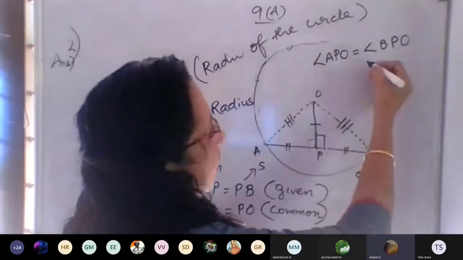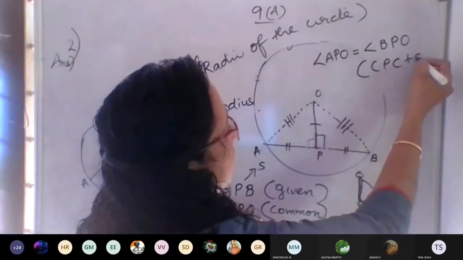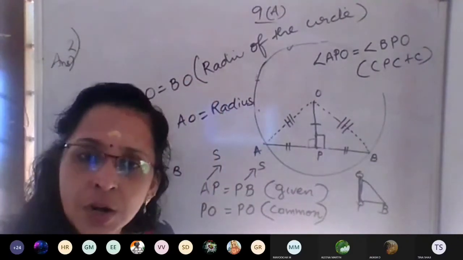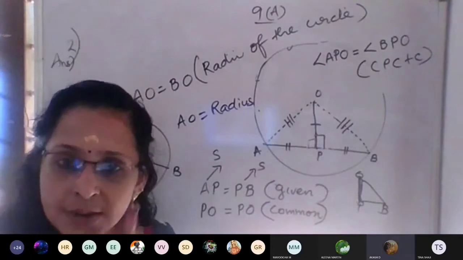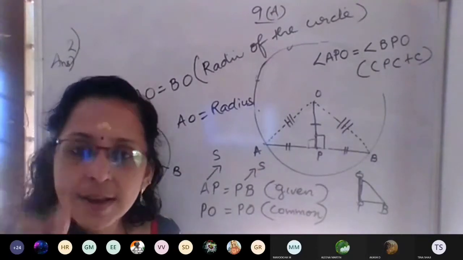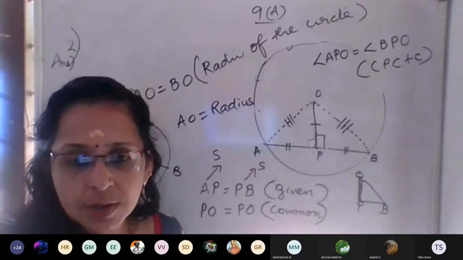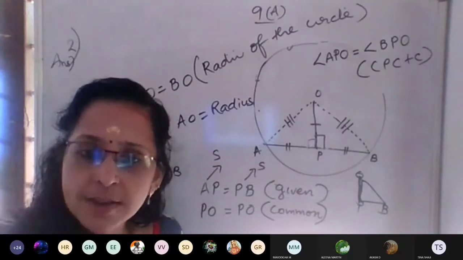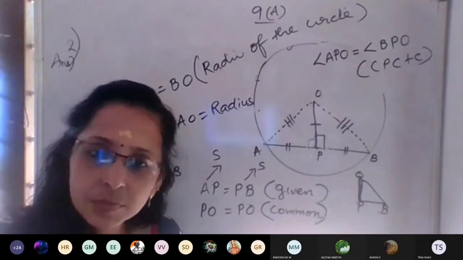What is the reason? CPCTC: corresponding parts of congruent triangles are congruent. Understood? We proved that two triangles are congruent, so we can directly say that two angles are equal.